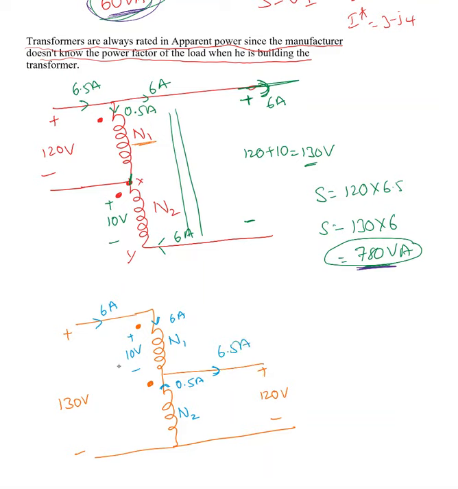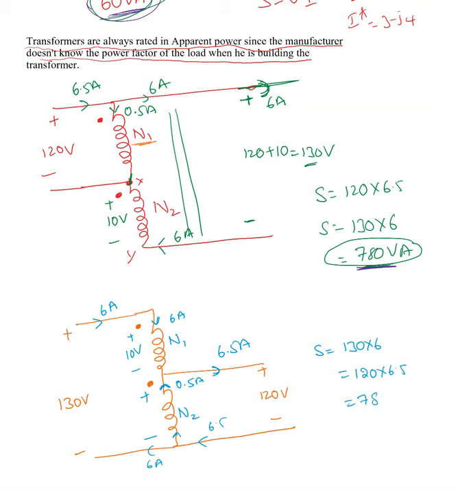I mean, you can clearly see the current is entering the dotted terminal must be positive, and current has to leave that positive terminal. So that's how I calculated. Okay, so out of 6.5 is going to come over there, 5.5 is going to go through N2, 6 amperes is going over there. So the rating S is 130 times 6, or same as 120 times 6.5.